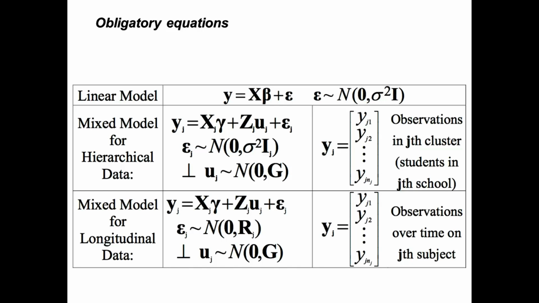So I have the obligatory equations up here. I'm not much of an equation person, so you can just ignore them if you want, which is what I probably would be doing. But just in case people are interested, we're going to ignore the hierarchical one for now. You see the classic linear model up there that we're all used to. And then on the bottom we have the mixed model for longitudinal data. There are two parts to this equation.